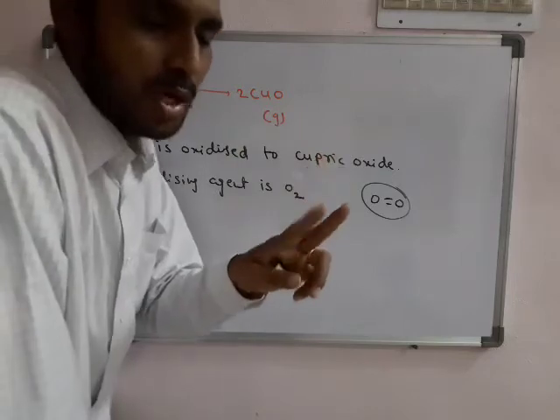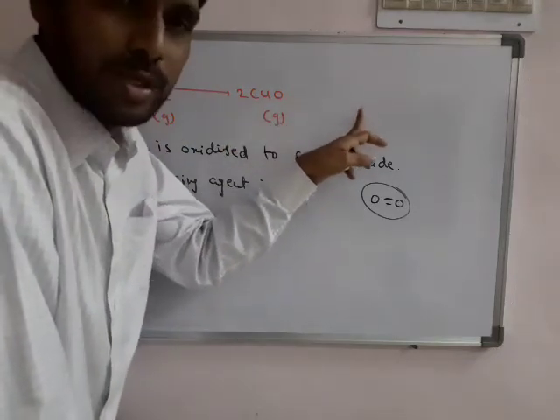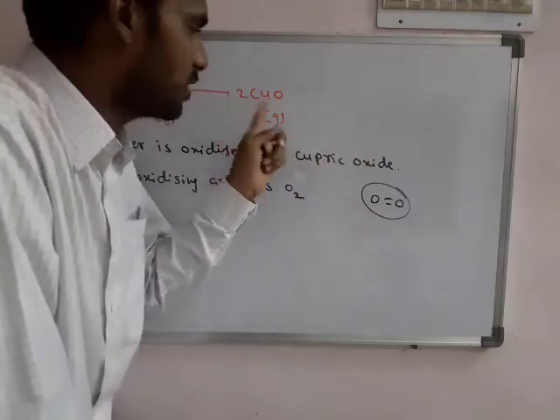So one CuO separate, another CuO separate, and combined we write 2 CuO.